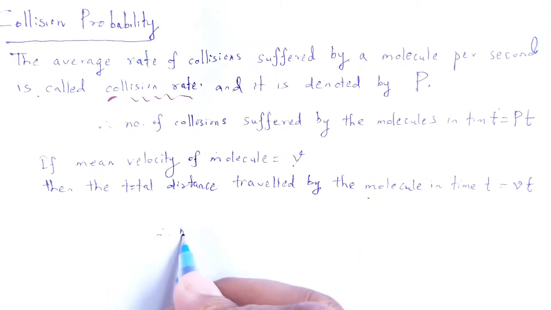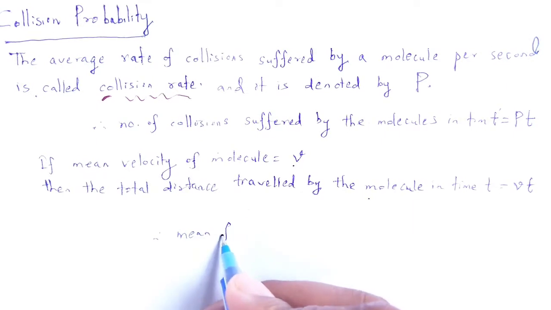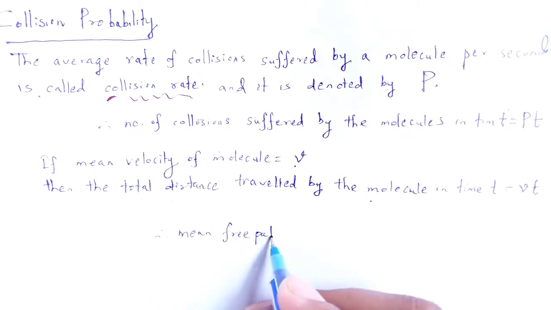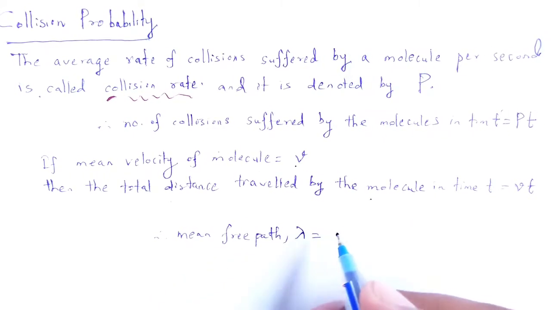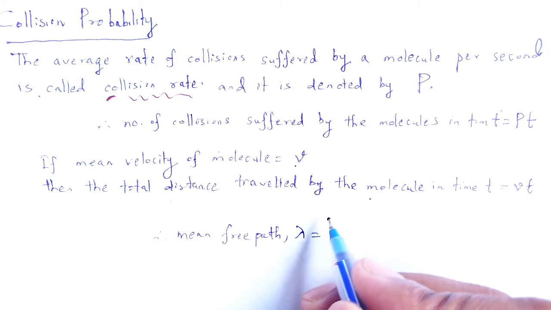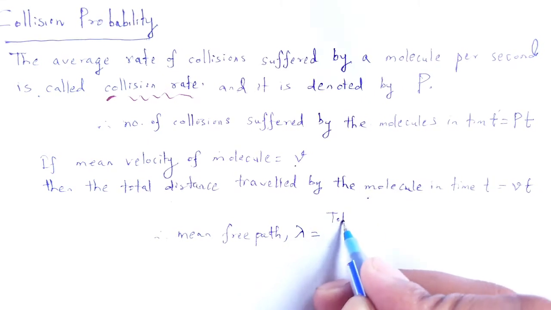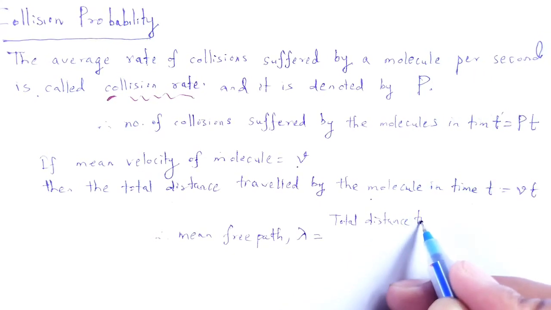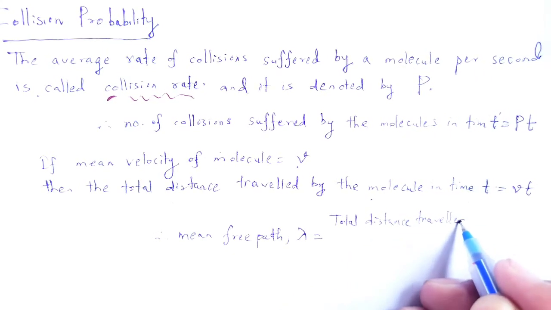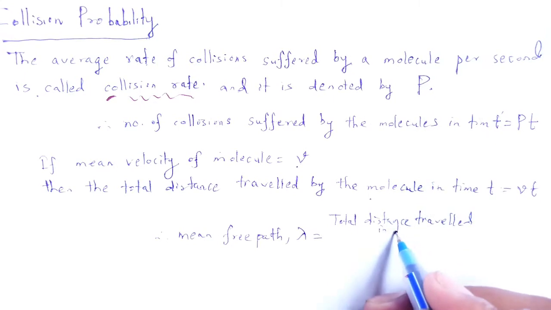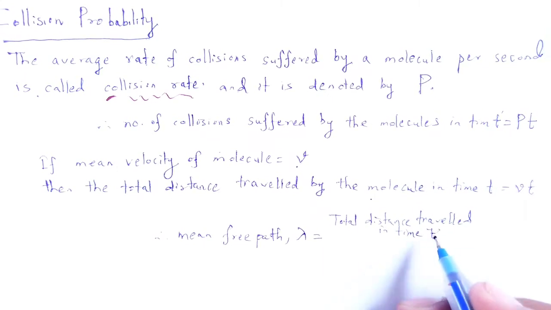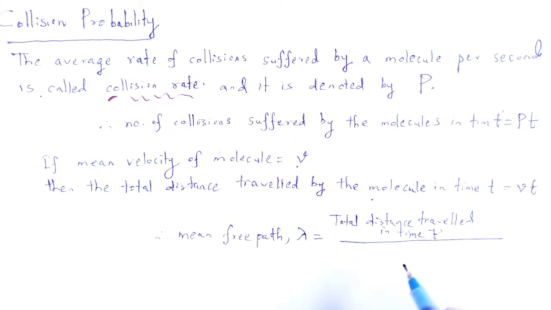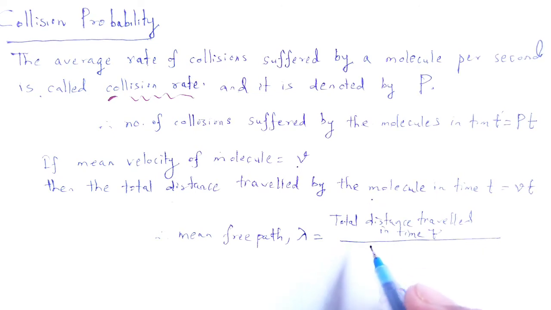Therefore, mean free path lambda is equal to total distance travelled in time t divided by the number of collisions suffered in this time.